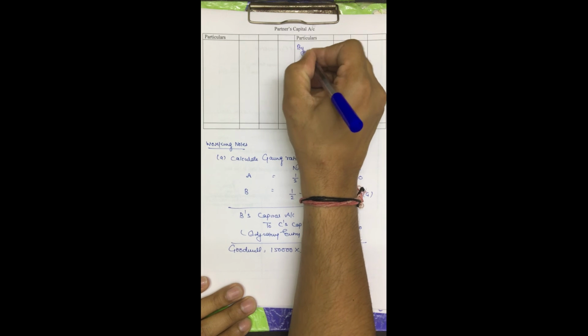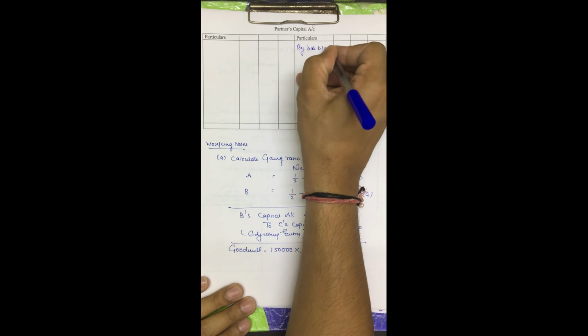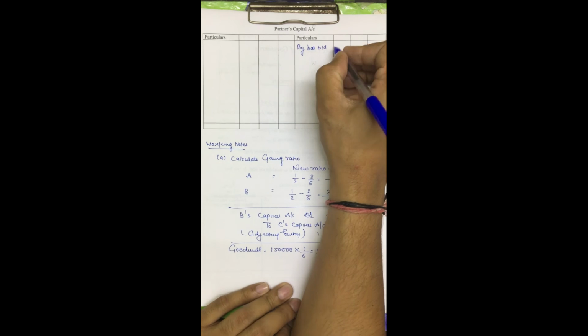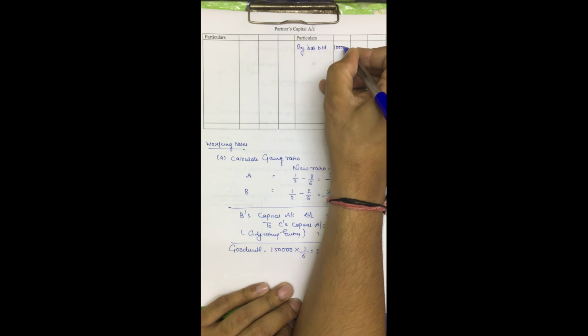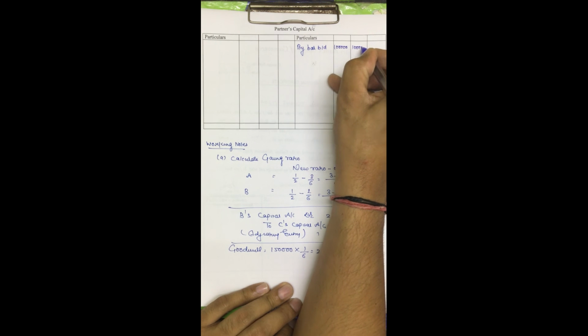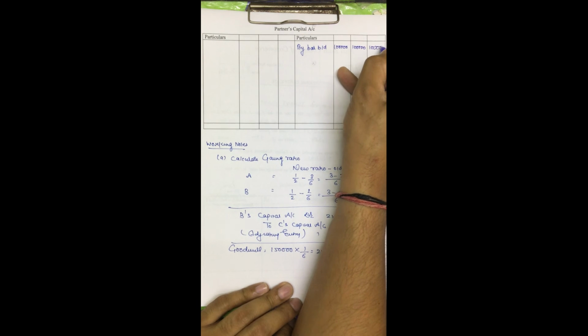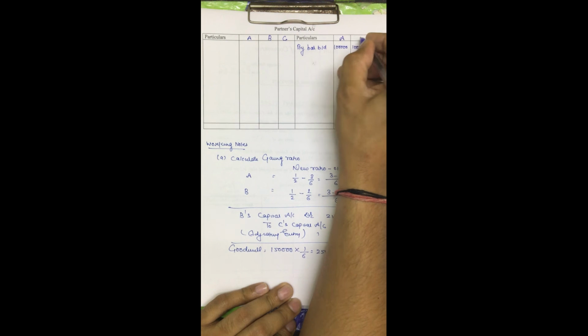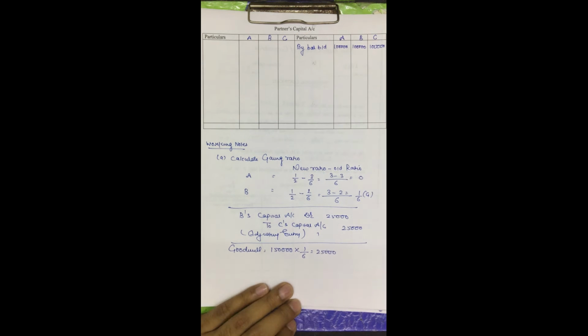Now how to prepare the partners capital account, take step by step process. First, capital balance, balance brought down. This is given in the balance sheet of the question, that is 1 lakh, 1 lakh, 1 lakh, and give the names here, that is A, B, C and A, B, C. Second, revaluation profits or losses.